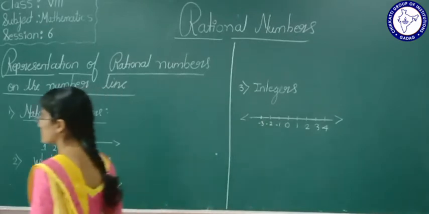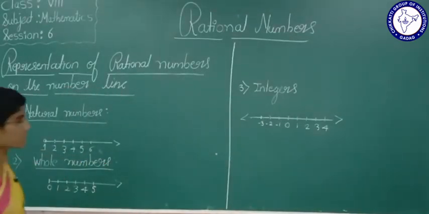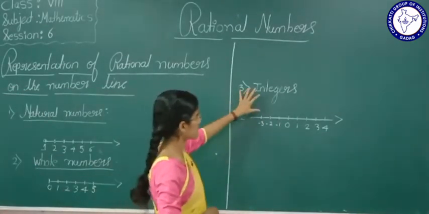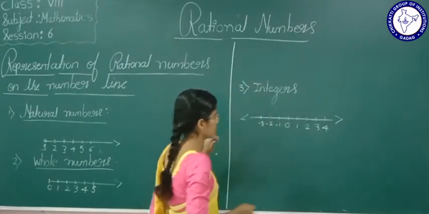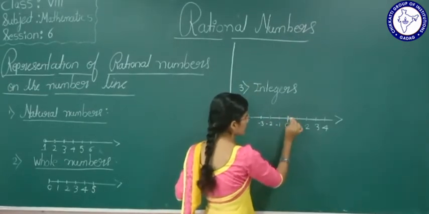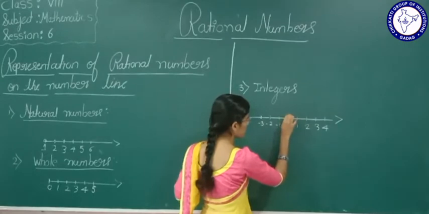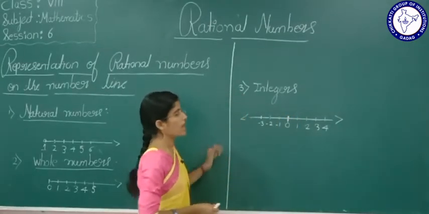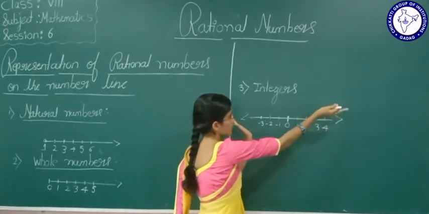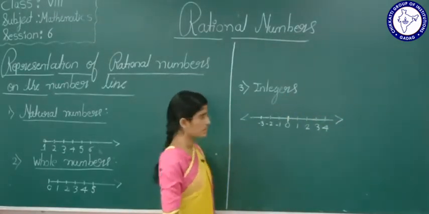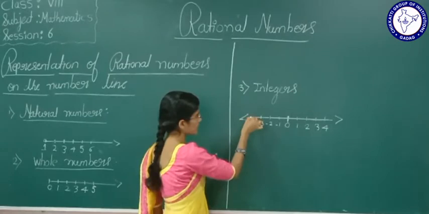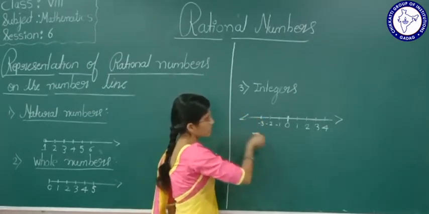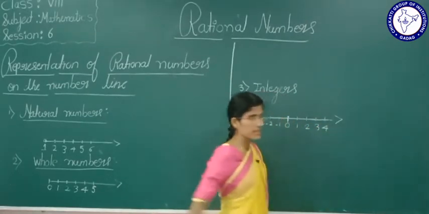Now see here, in integers, this is the representation of integers on the number line. On the right side of 0 we have positive numbers, and on the left side of 0 we have the negative numbers. And the line extends indefinitely from both sides. Yes or no? What does this indicate? The numbers go on continuing. Here also the numbers go on continuing.